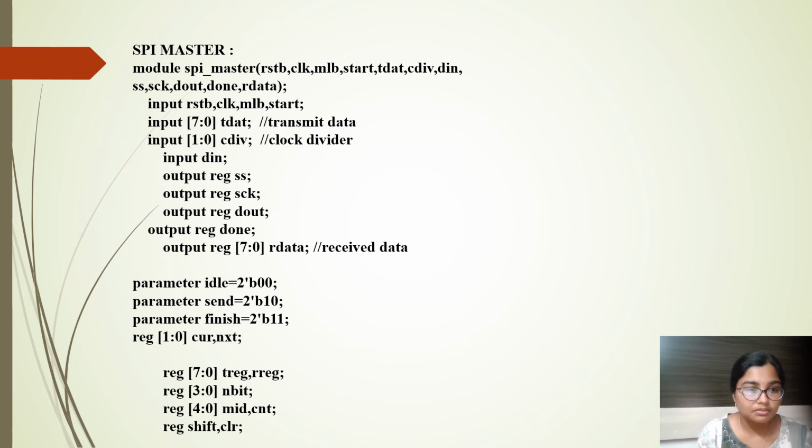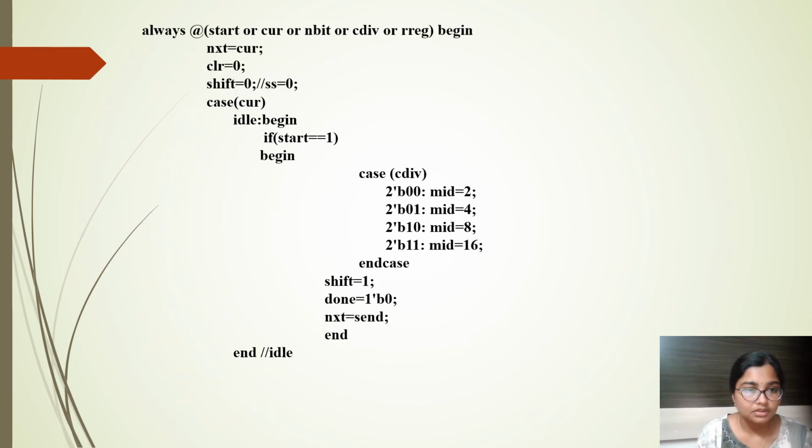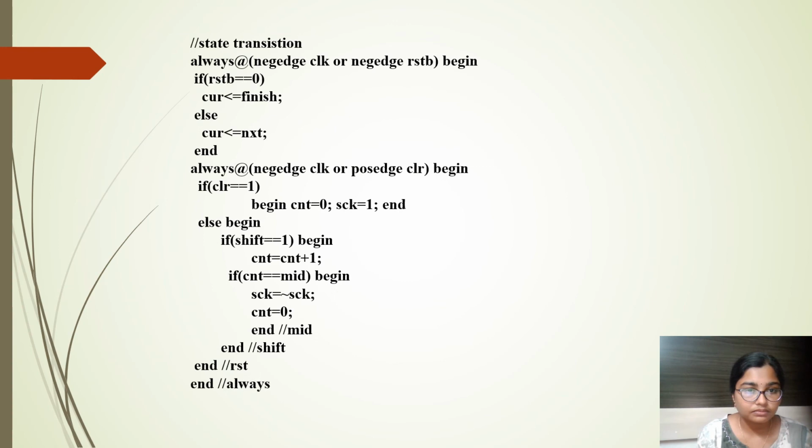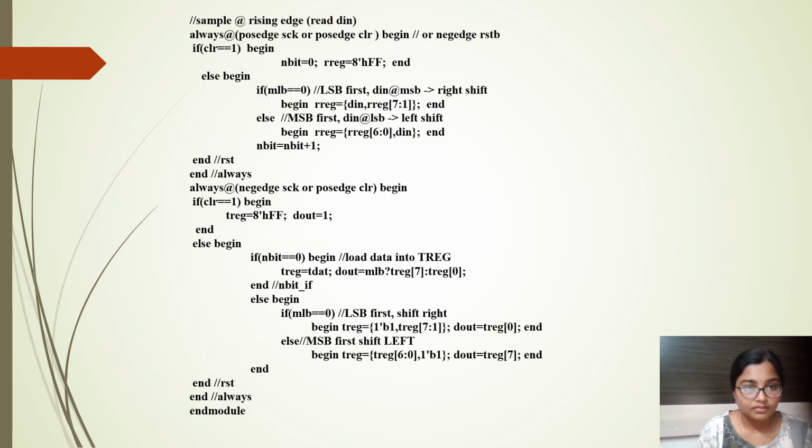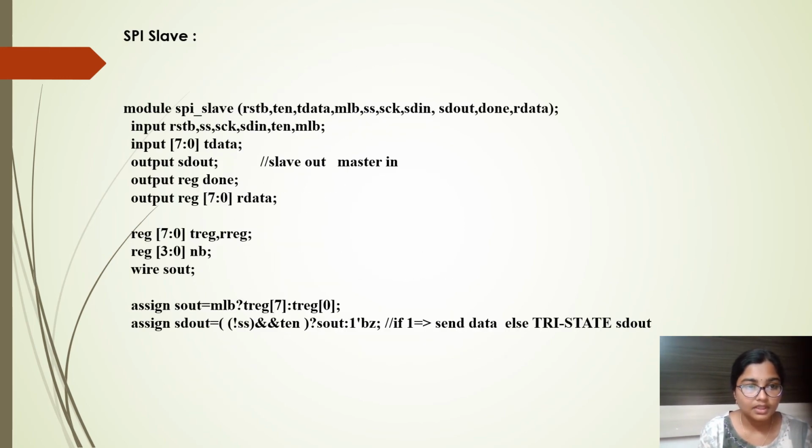So here is the master code. The code explains how the data will be transferred and how the clock will be generated using an FSM. Here is the slave. Today we'll discuss only the slave module.